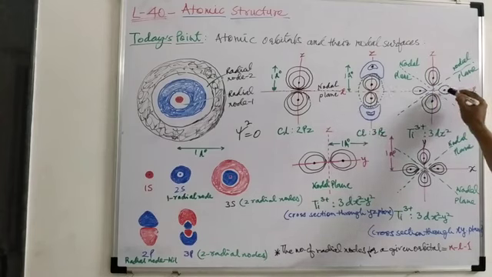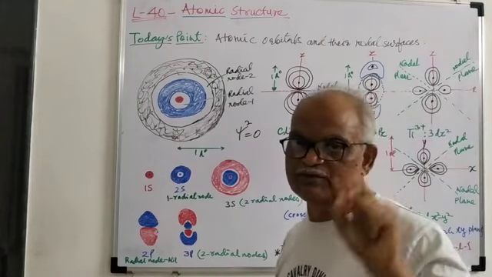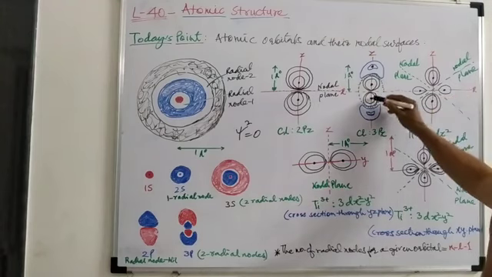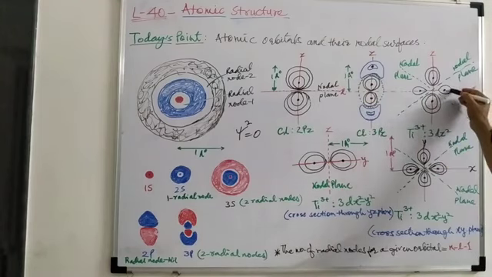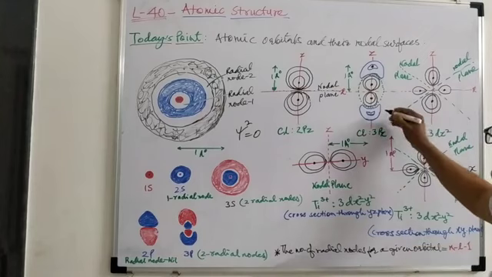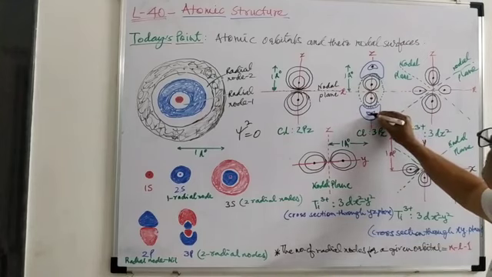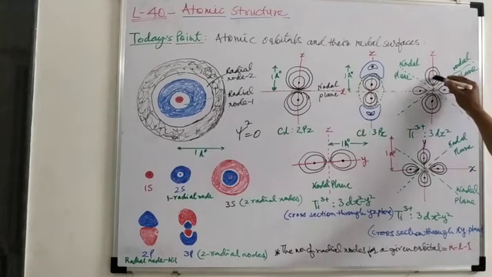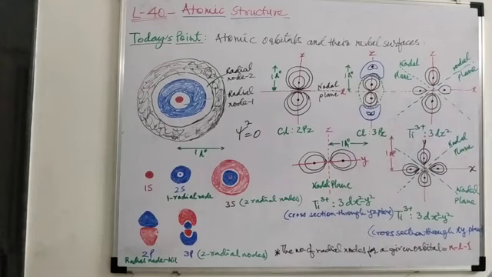With this structure you will find that the black color spots indicate the centers of these lobes. You will see these are the lobes. Here is also the center of this lobe. So you will find that these are two lobes and these are the other two lobes.